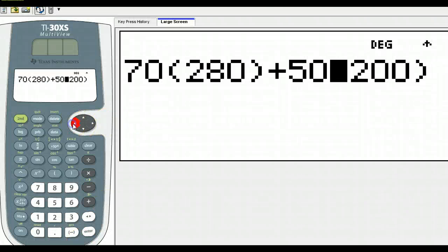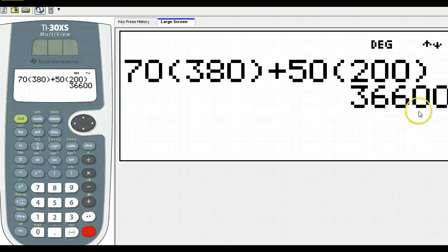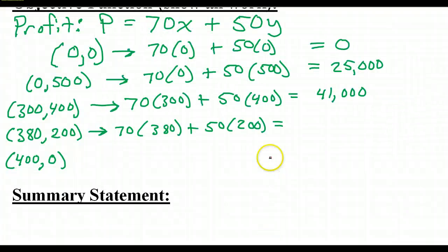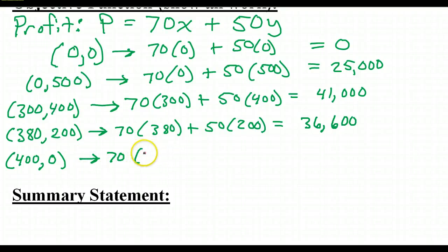I knew I was messing that up. So that's 36,600. So the 41,000 is winning so far. And last but not least, 70 times 400 plus 50 times 0. 7 times 4 is 28, so it's going to be 28,000.